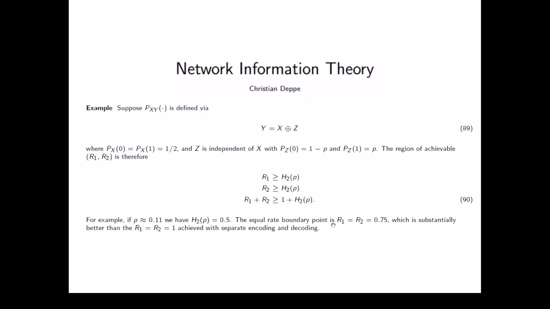That means we can achieve the point that R1 is equal to R2 is equal to 0.75, because then the sum is greater or equal 1.5. And this is of course much better than if we choose R1 equal to R2 equal to 1, which we can achieve when we separately encode and decode. Then in principle we have no compression at all. That's one thing one could do.